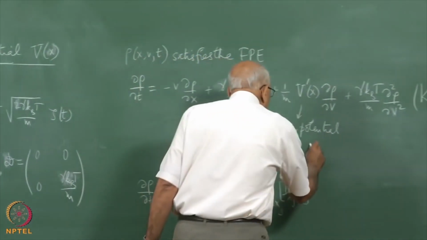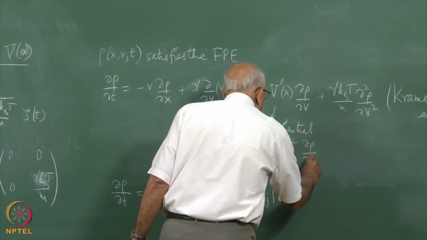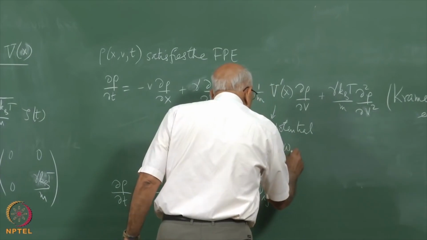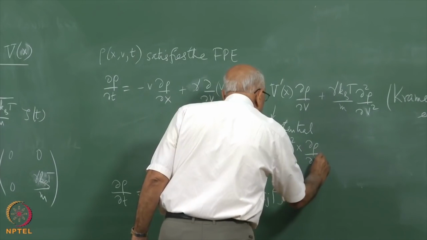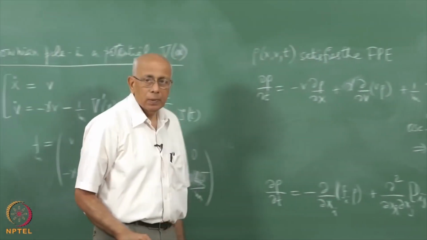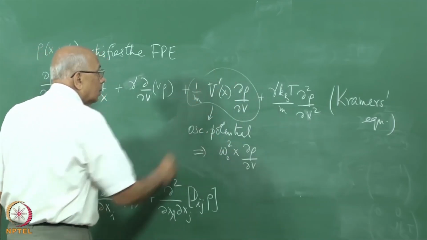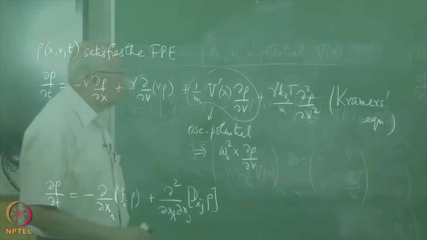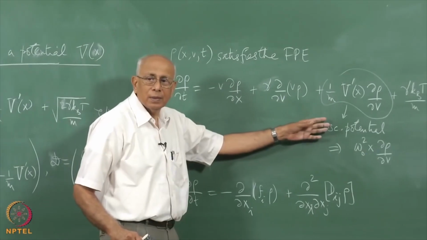So, this term becomes omega naught squared x delta rho by delta v. This particular term is a linear term. So, it could in fact be combined with all these fellows here.